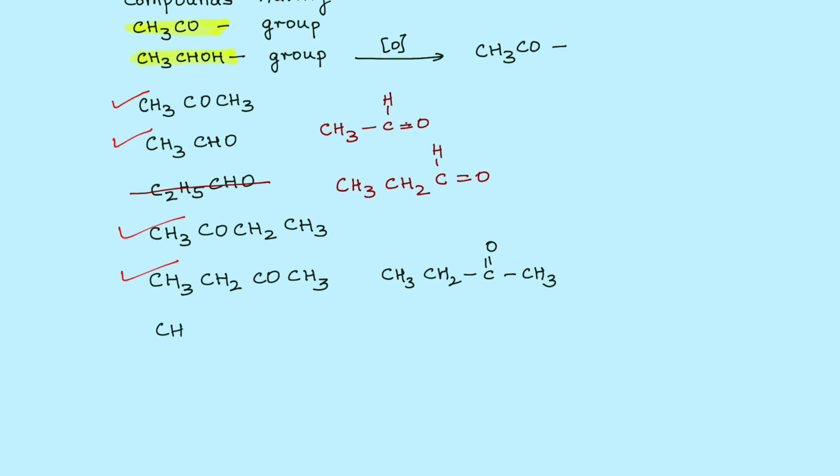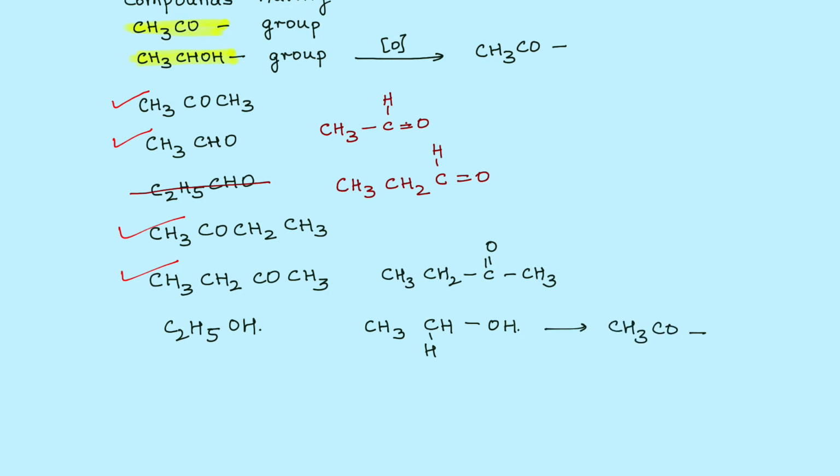Okay, now let's see, I'll give you one more. Tell me, C2H5OH. Will it show iodoform reaction or not? Look carefully, draw the structure, expanded structure. So CH3CHOH, right? Look at what we've got over here. We've got a CH3CHOH group which can be oxidized to a CH3CO group, right?